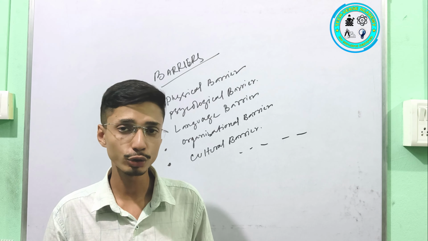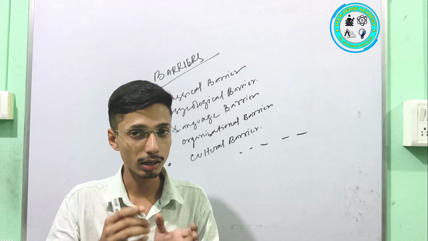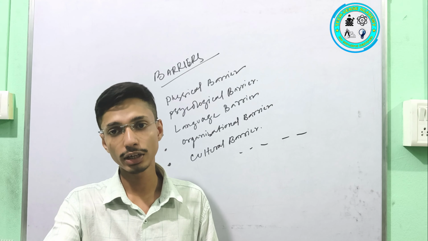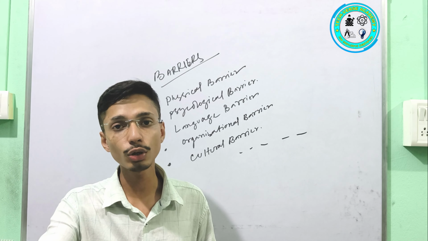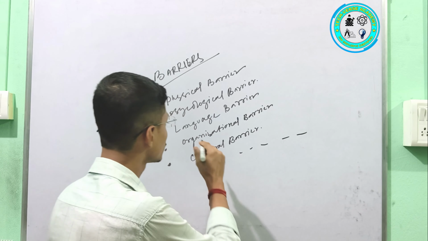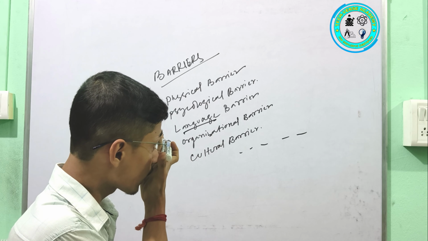If, as a sender, I explain anything in Hindi, he or she can't capture it. For that reason, we have to maintain a linguistic medium so that we can easily express our thoughts, and vice versa. For example, if he or she explains anything in French, I can't understand it as an Indian. Okay, so this is our linguistic barrier, and then the fourth barrier is the organization barrier.